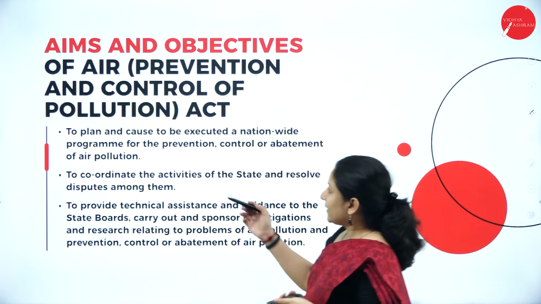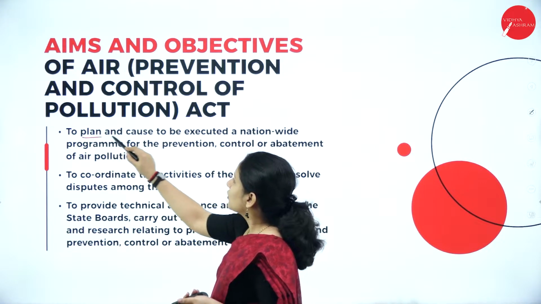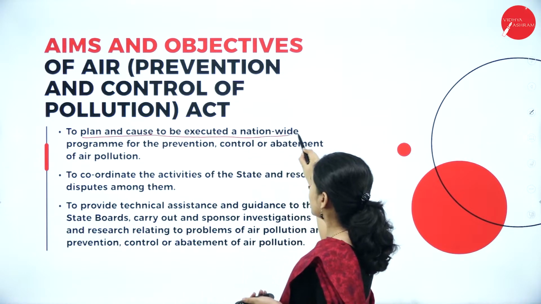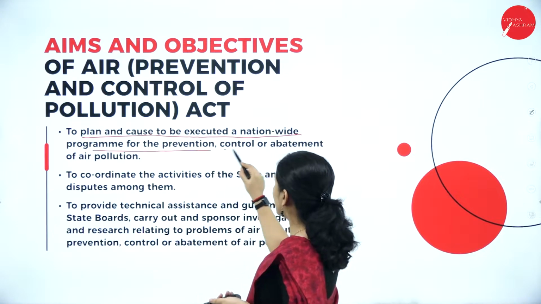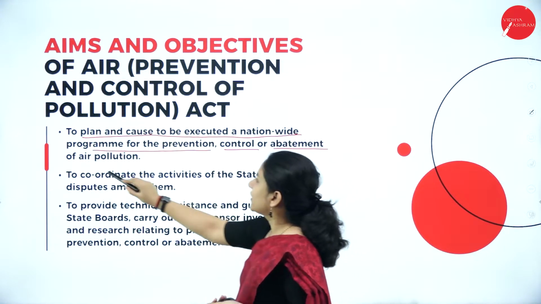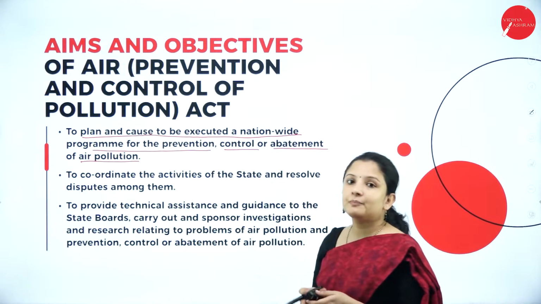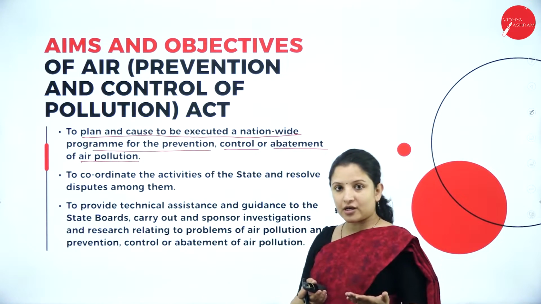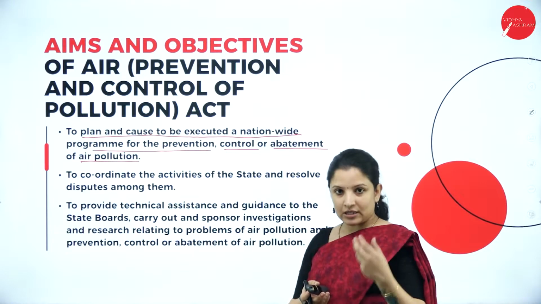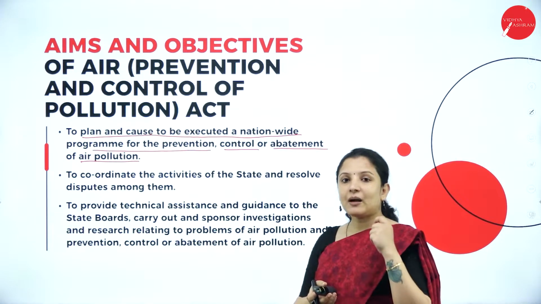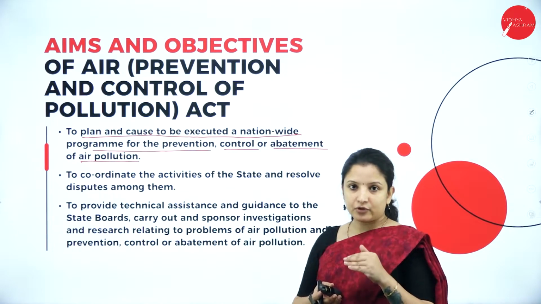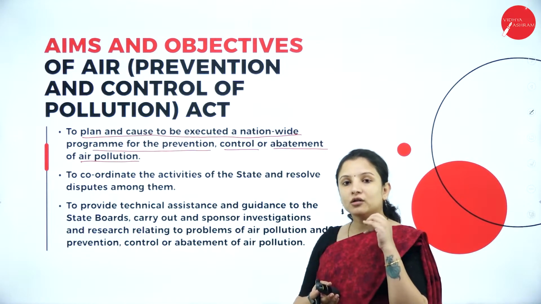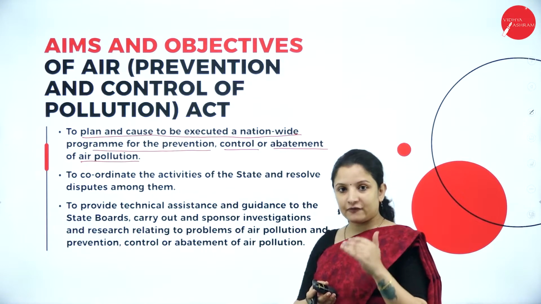And to plan and cause to be executed a nationwide program for the prevention, control or abatement of air pollution. So they plan to conduct programs throughout the country so that people are made aware of the ill effects caused by air pollution and what laws, rules and regulations are framed for air pollution.